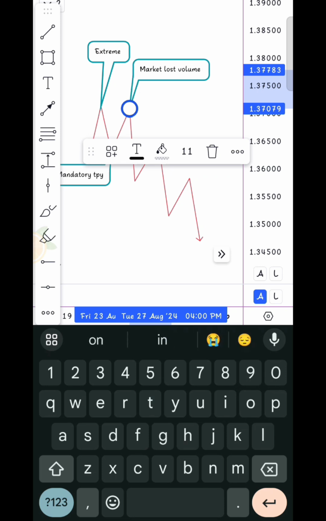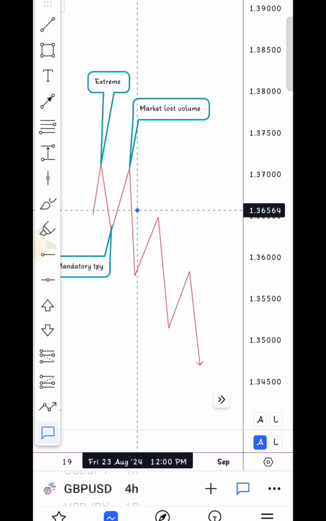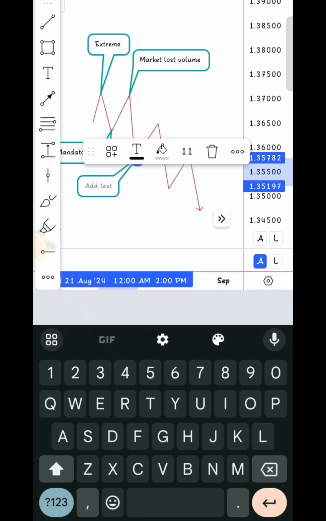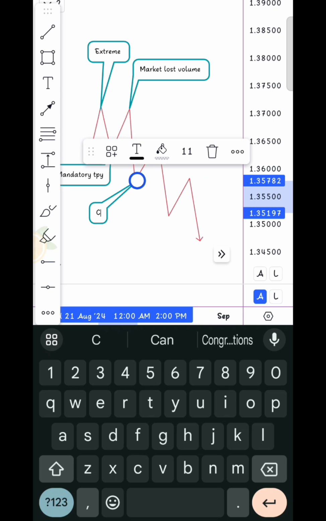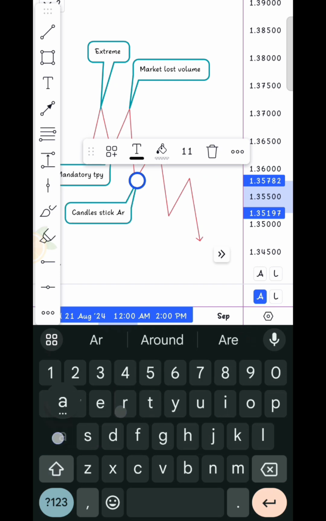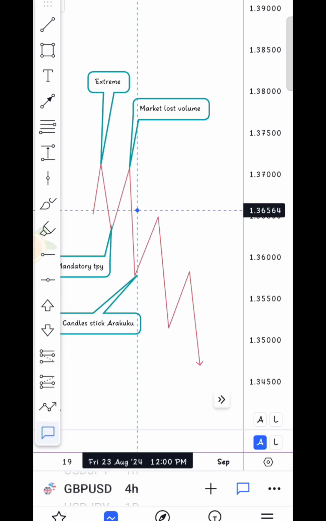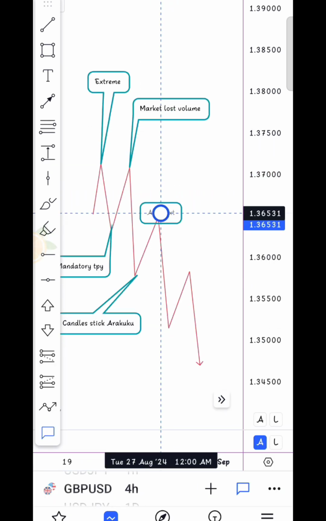And then right about here we shall have CSD, the candlestick direction. Then we shall have our first re-entry right about here.